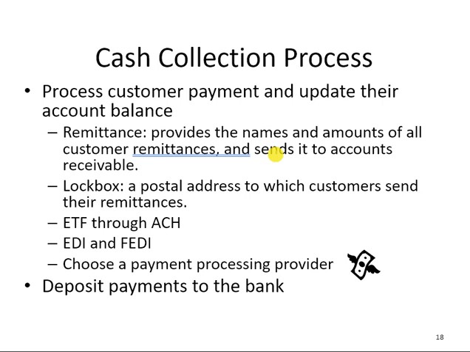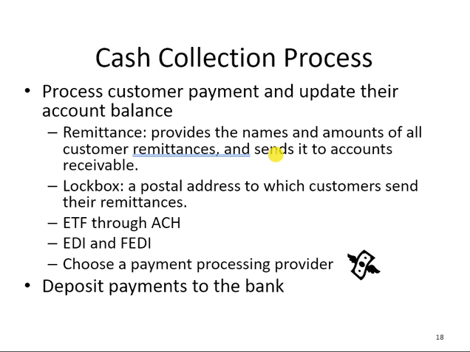Right? Lockbox arrangements, however, can save time during the processing time, okay, but not necessarily the mailing time, right? Because if customers send mail to the lockbox, it still takes a few days.